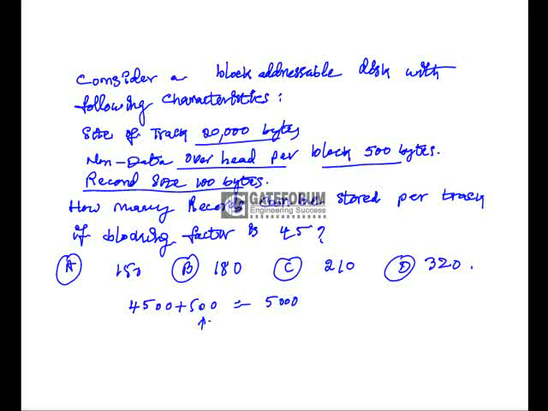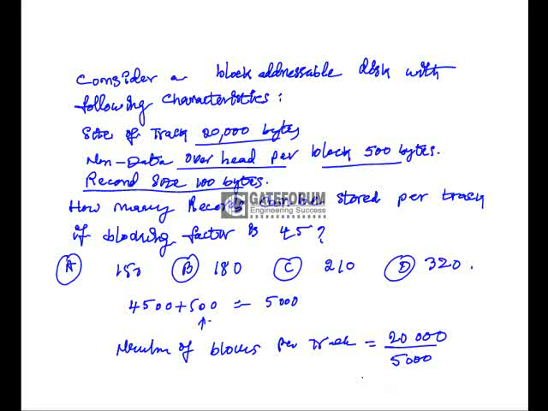Then number of blocks per track is equal to 20,000 divided by 5,000, because one block size is 5,000.